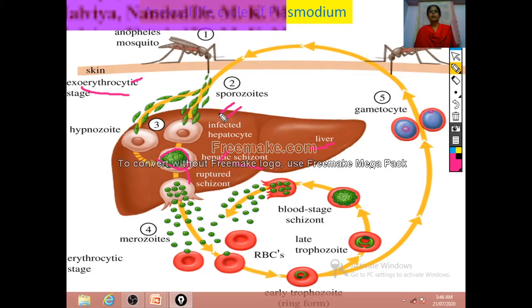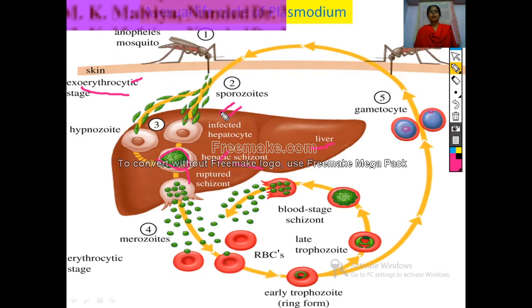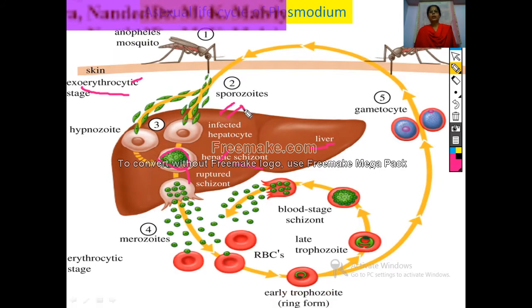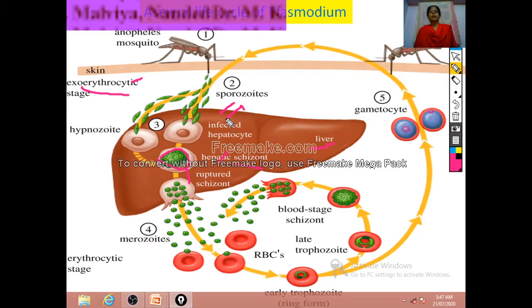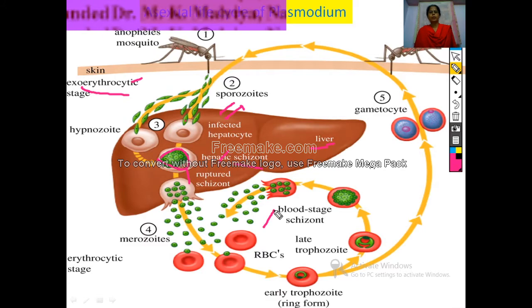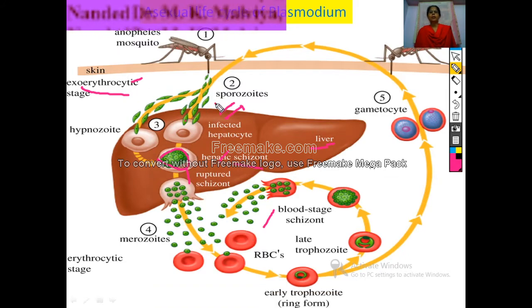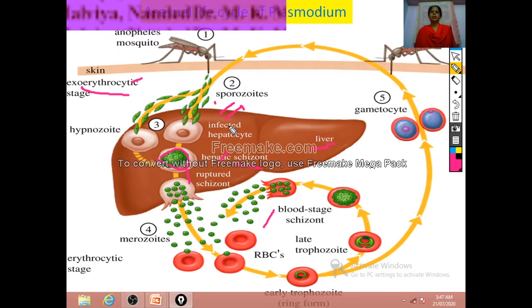Because pre-erythrocytic schizogony happens before exoerythrocytic schizogony, and exoerythrocytic schizogony occurs before the erythrocytic schizogony. Erythrocytes mean blood schizogony here, and that's why they have the names pre-erythrocytic and exoerythrocytic schizogony.